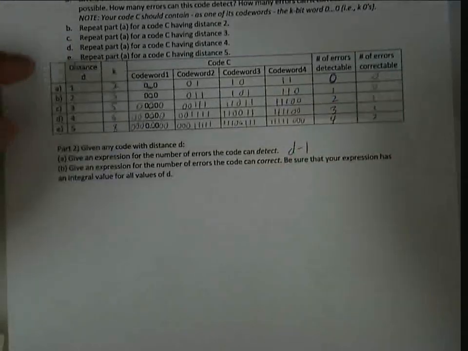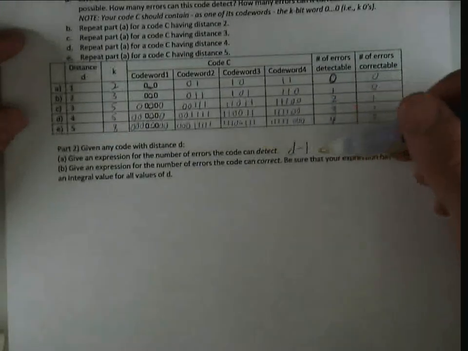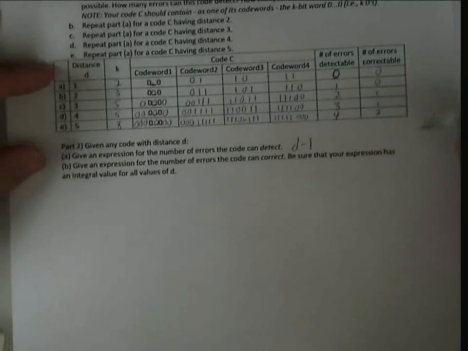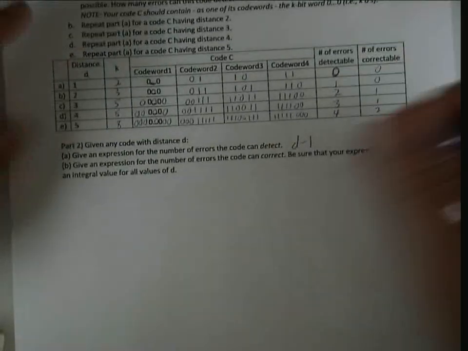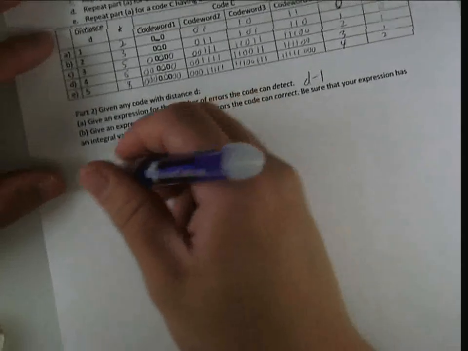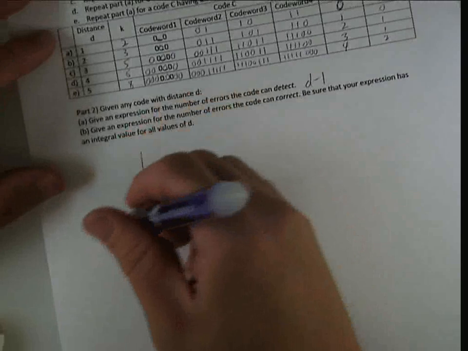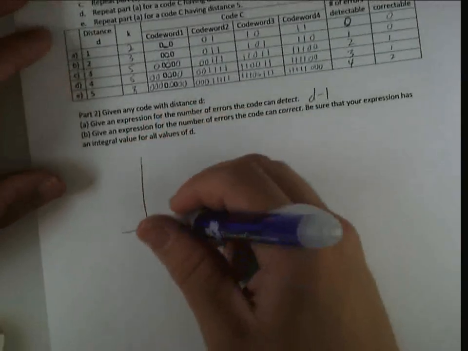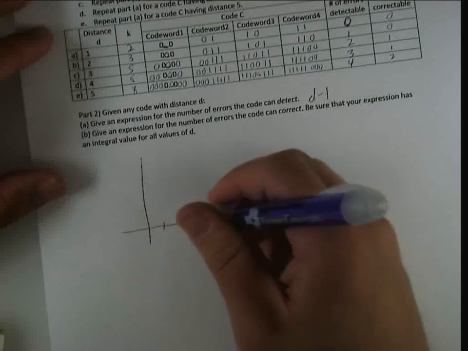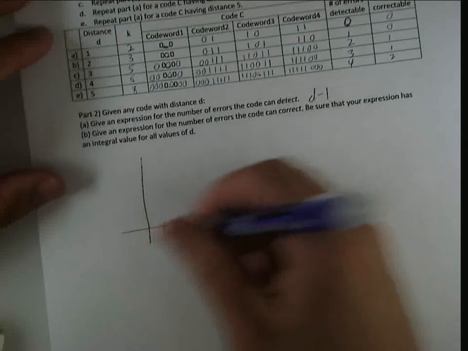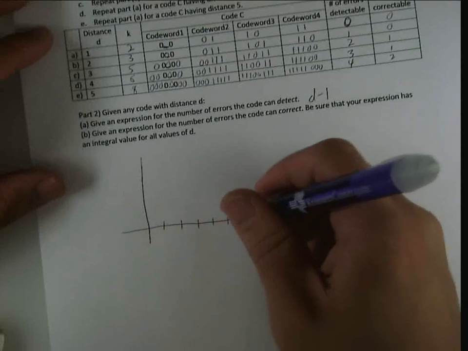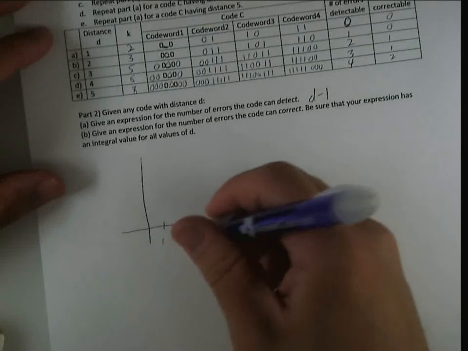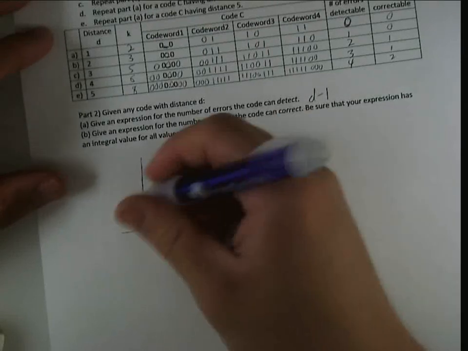And now I've got to give an expression for the number of errors the code can correct. So let's graph that. We'll do that with a short little graph. And we will have distance, D, here: 1, 2, 3, 4, 5, 6.